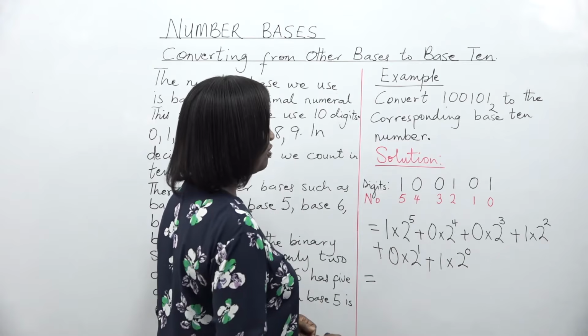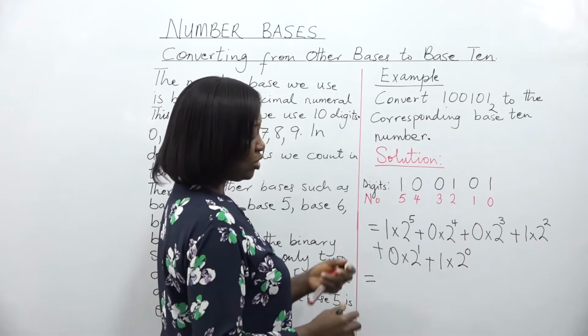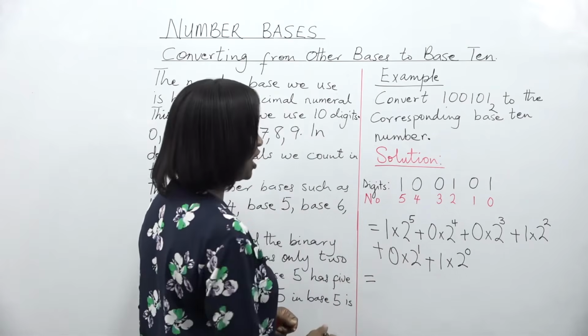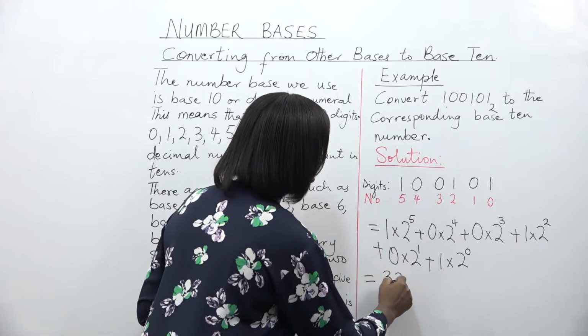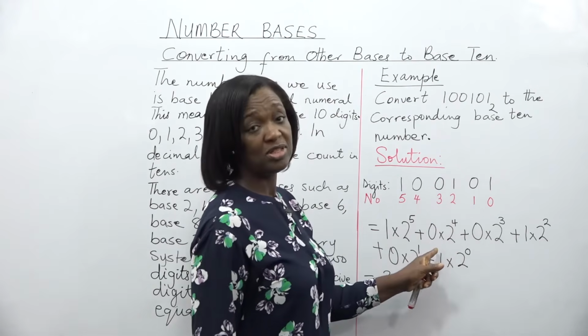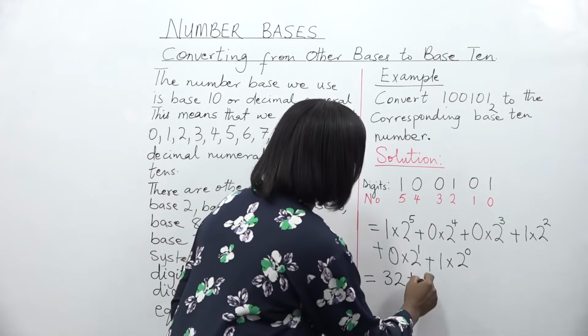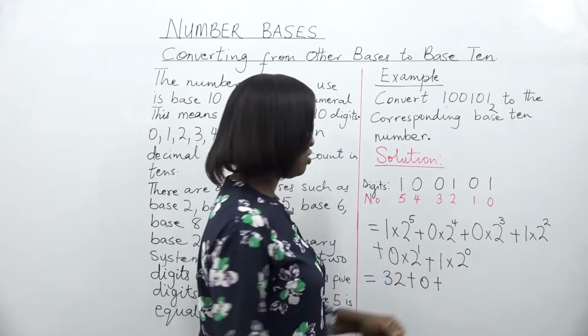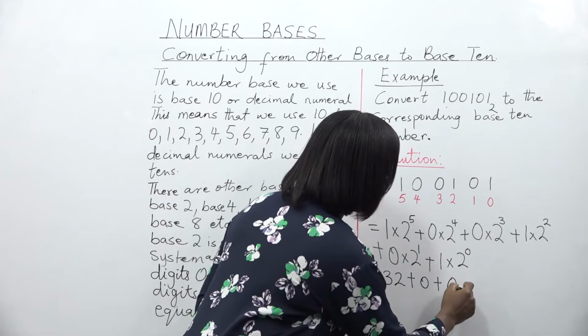2 to power 5 is 32. 2, 4, 8, 16, 32. 32 times 1 is 32. Plus, this is 2 to power 4, but times 0, so the answer is 0. Plus, this is also 2 to power 3 times 0, so it's also 0.